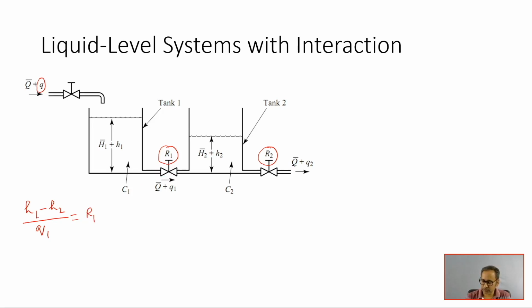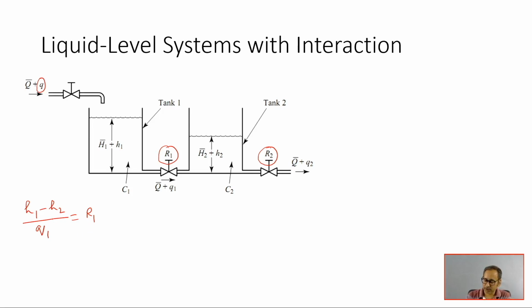So R1 equal to the potential difference, that is small h1 minus small h2, divided by q1. Here you have to consider small h1, not the steady state value, because in dynamic conditions there will be some variation of the potential head, and that variation we have to take.